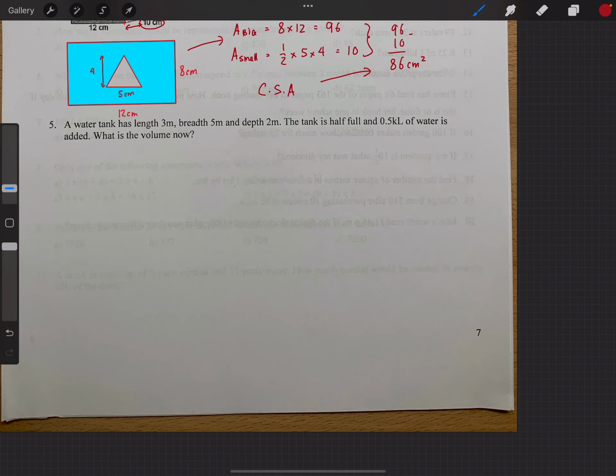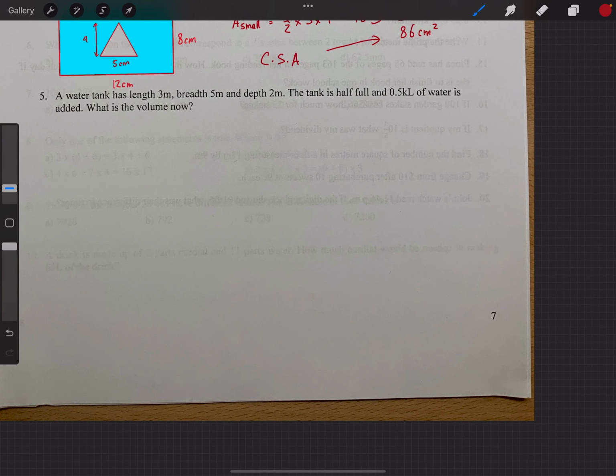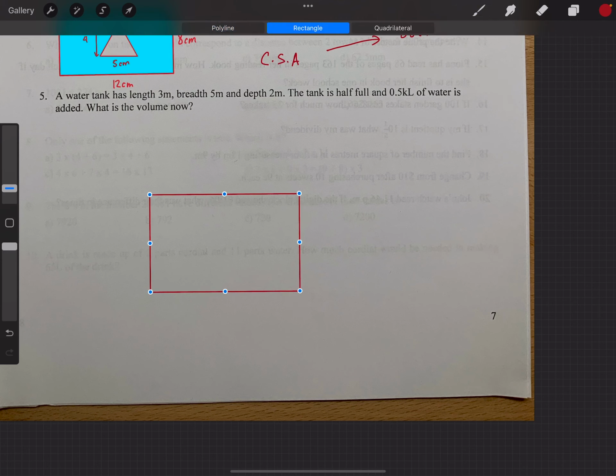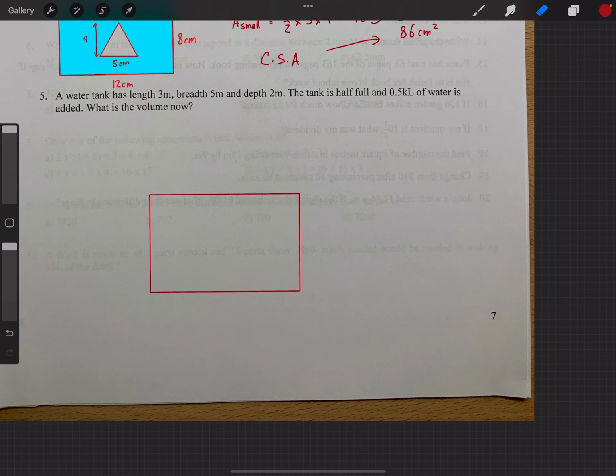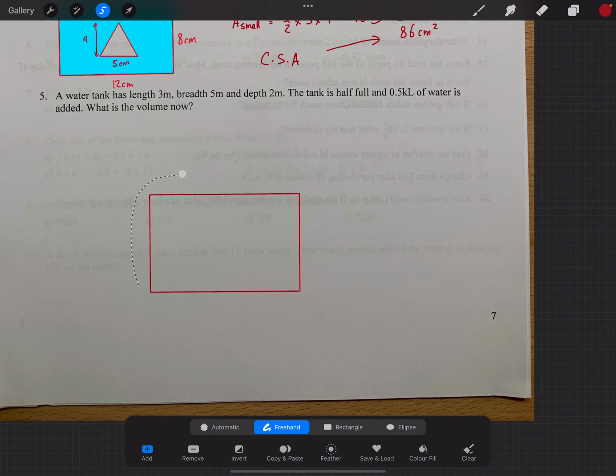All right, question 5. A water tank has length of 3 meters. So, okay, it looks like a rectangular prism. So I'm just going to draw that. And I'm going to duplicate this here.